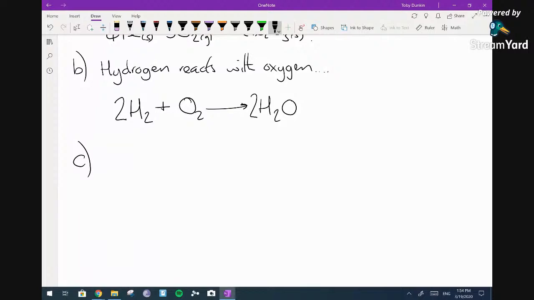Let's do making it harder again. Let's now do iron oxide. You need a Roman numeral. Iron 3 oxide and aluminium.